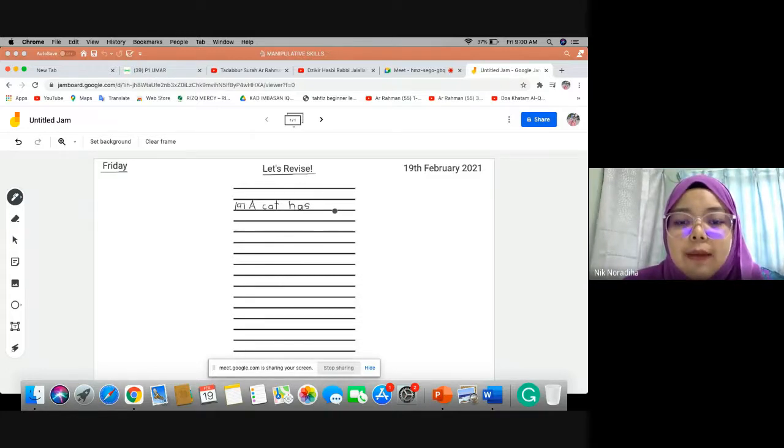As teacher doesn't have much space here, but if you have space inside your book, you can continue writing. Has 4. Then here we have a blank space. For what?